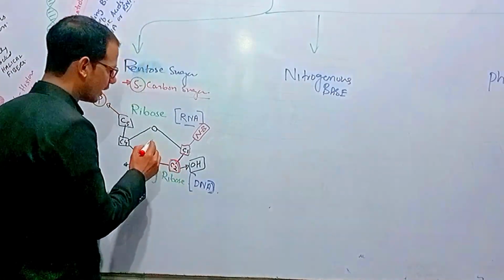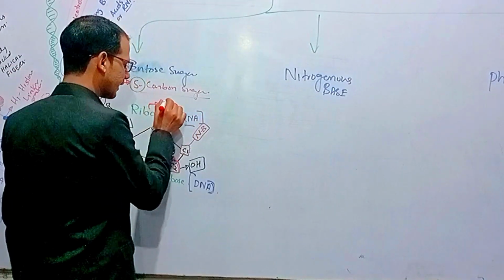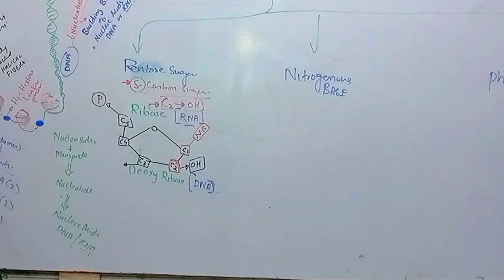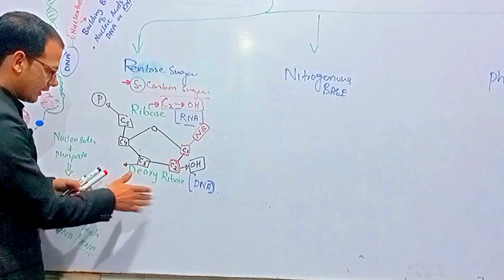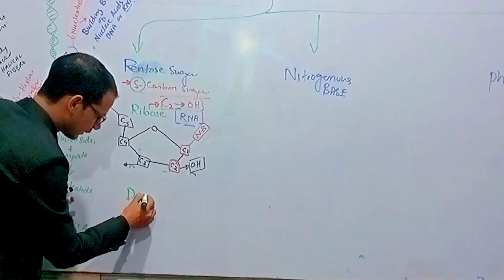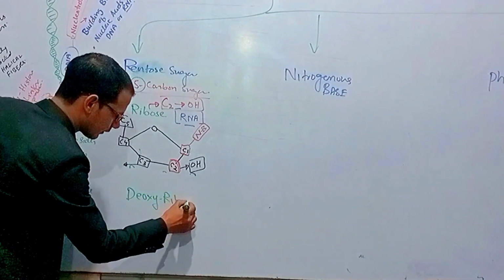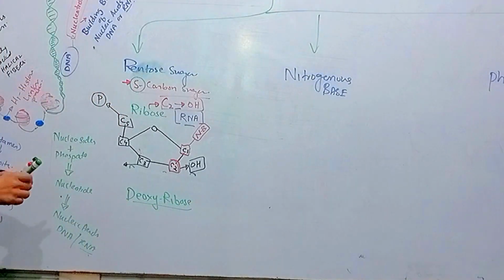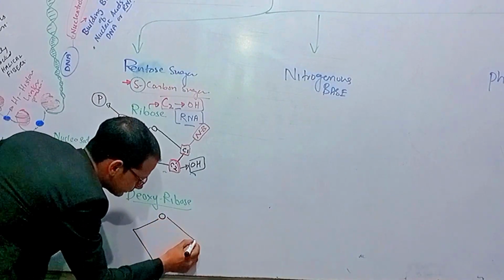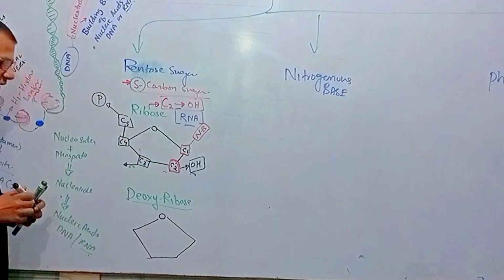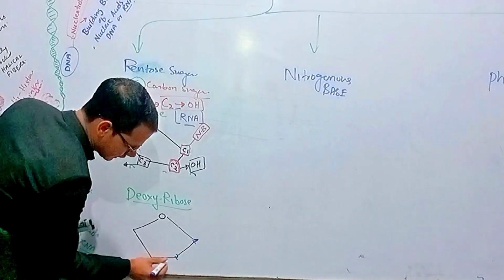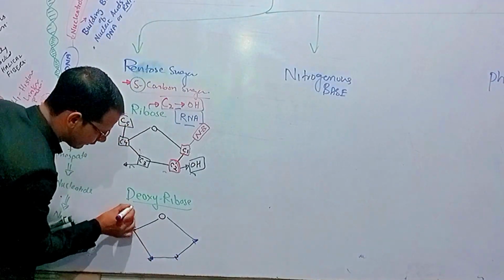Right? But the actual difference between ribose and deoxyribose is this carbon number 2, because in ribose an OH group is present on carbon number 2. Right? Now take the deoxyribose. Why is it called deoxy? It has 1 oxygen less than ribose. Right? This is carbon number 1, this is carbon number 2, this is 3, 4 and 5.